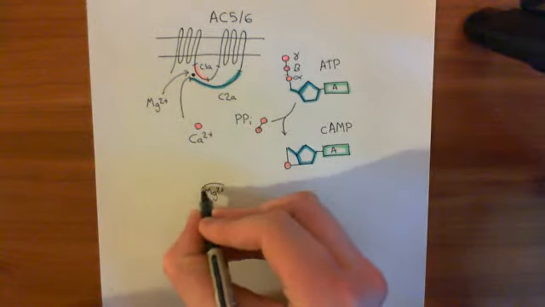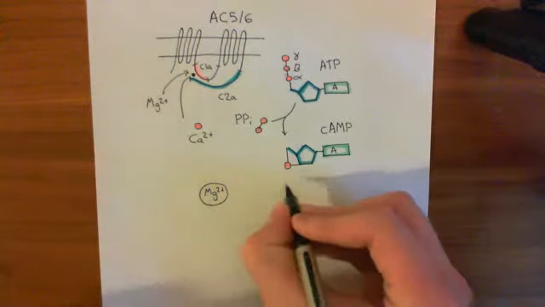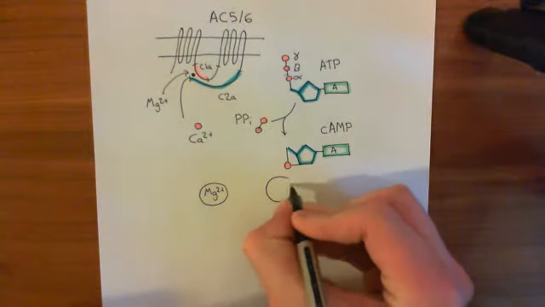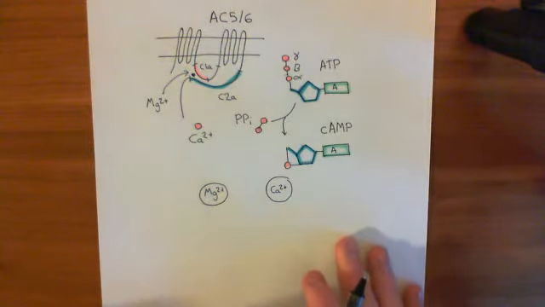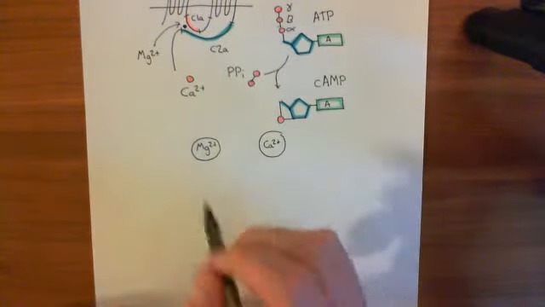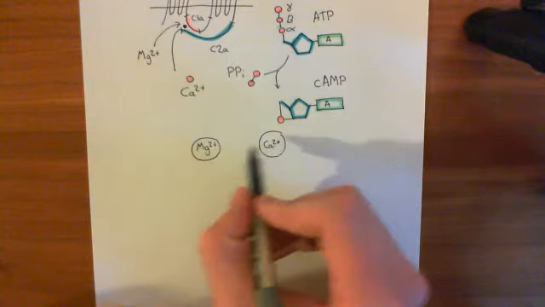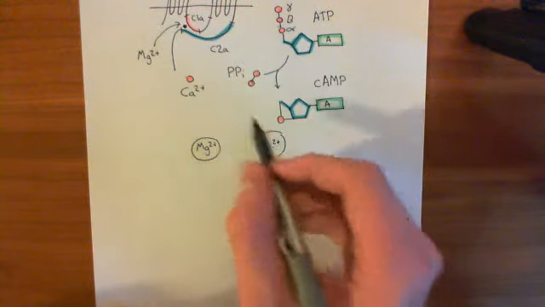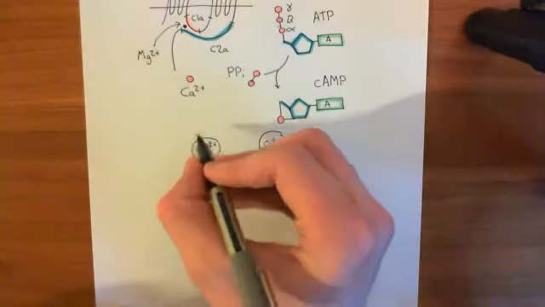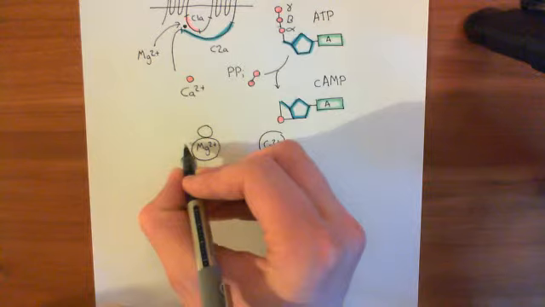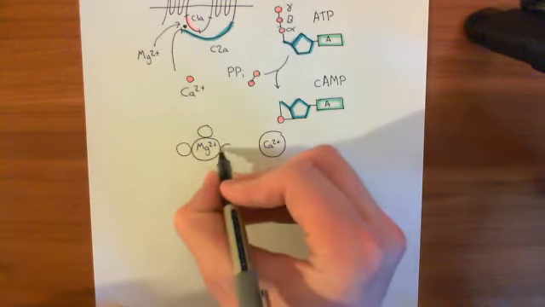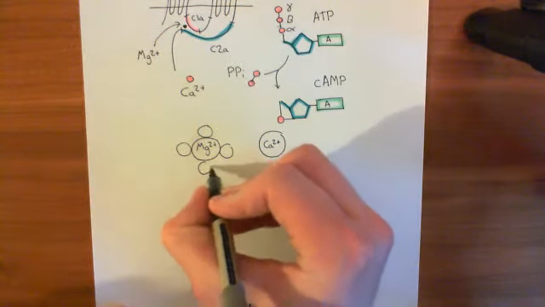Here is our magnesium, and here is our calcium. I should have drawn this further down. So, basically, when you bind things to these ions via electrostatic interactions, in the case of magnesium, you can put one thing here, one thing here, another thing here, and another thing here.